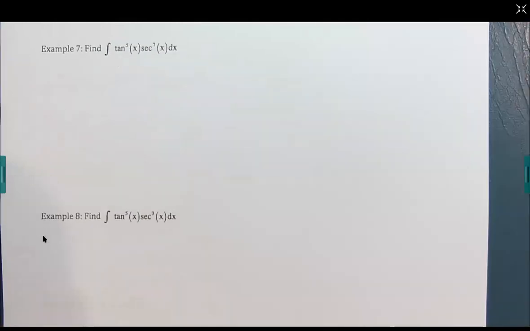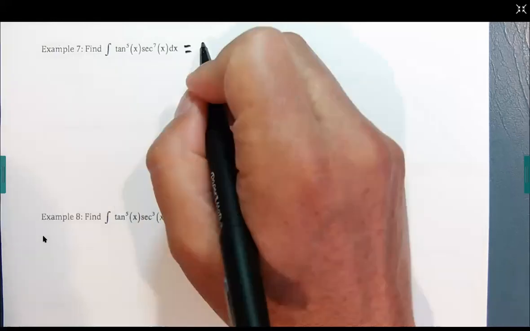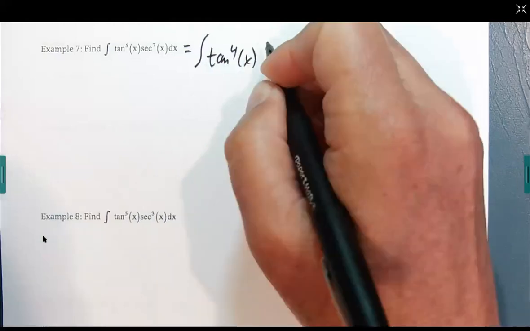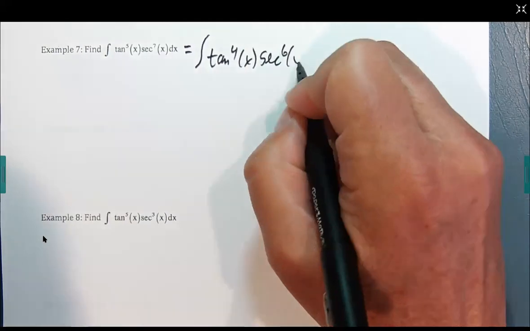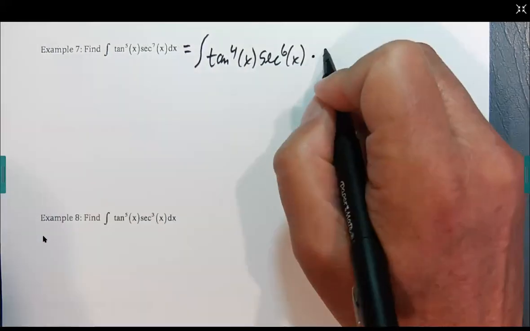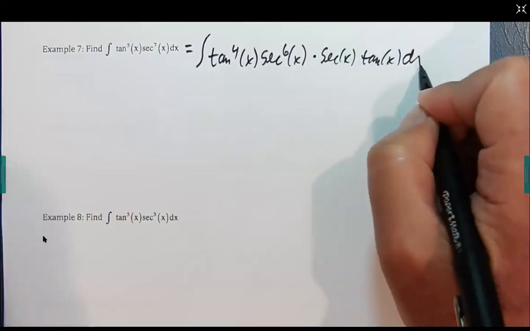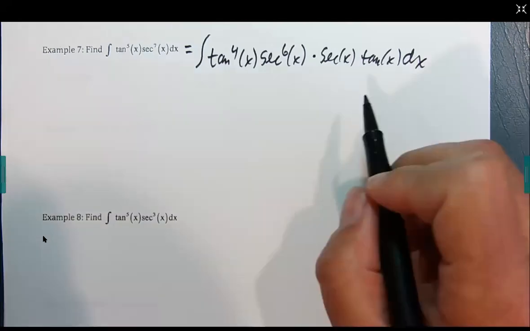So now we have this here, and I'm going to notice that I can save off a secant and a tangent. And what I'm going to do is, and by the way, this is the derivative of secant.